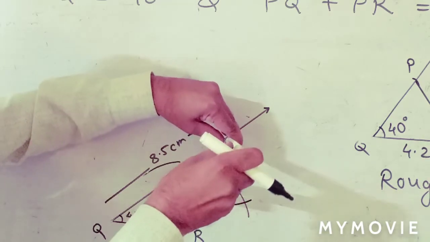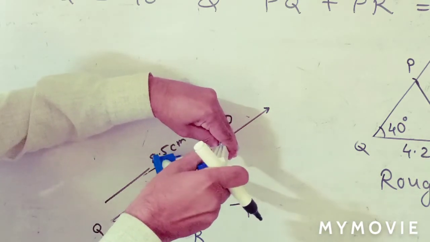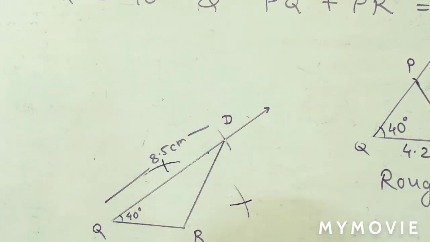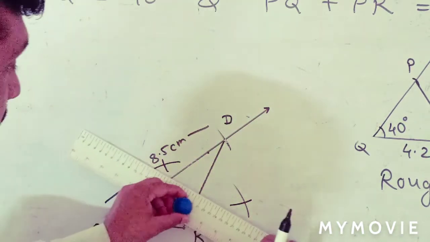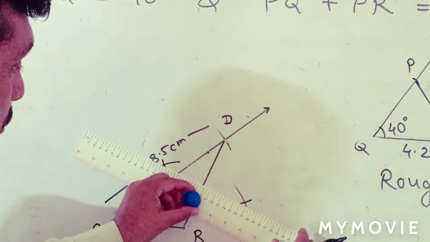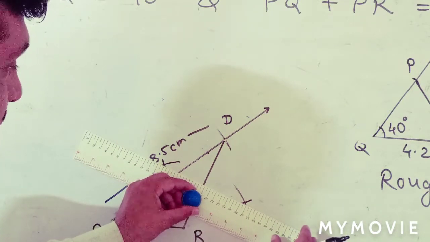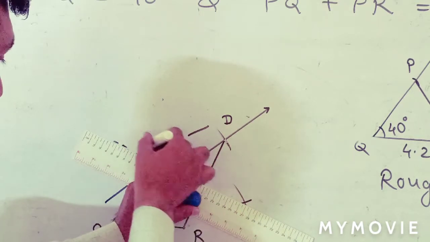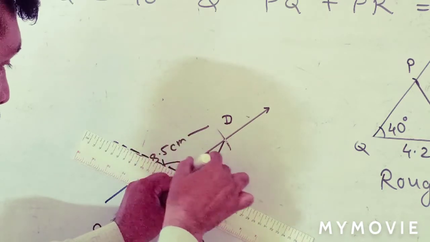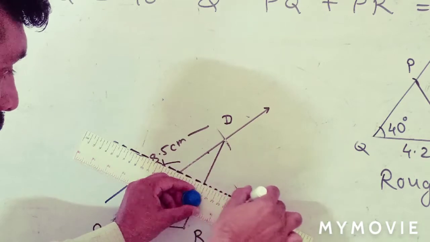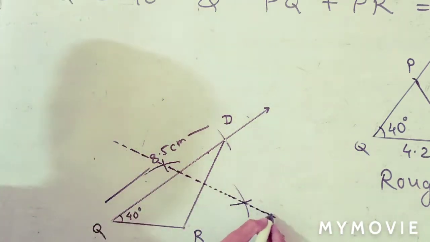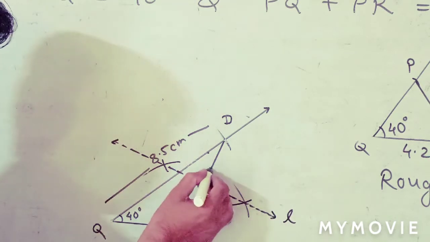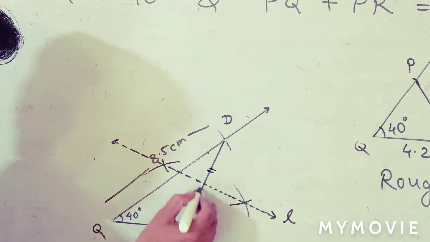Both arcs should intersect. After that, draw a line passing through the intersection points of these arcs. This line I name L, and this is the perpendicular bisector.